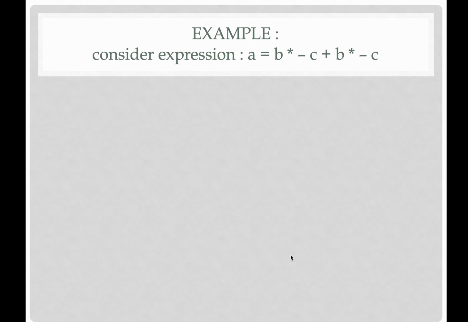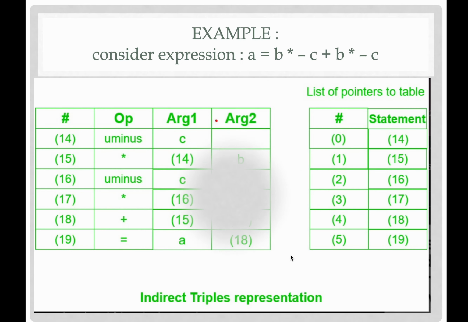Consider the same example for the indirect triple representation, and this is the indirect triple representation for the code. So here there will be only a list of pointers to the table, and operator, argument 1, argument 2 are the three different elements required for the indirect triple representation.